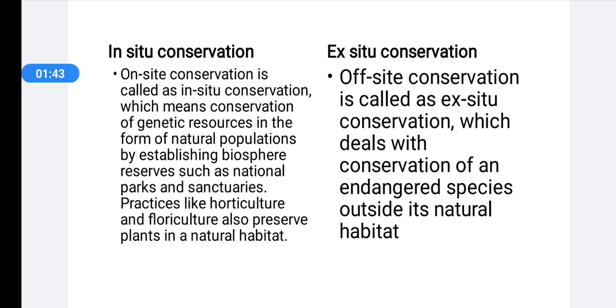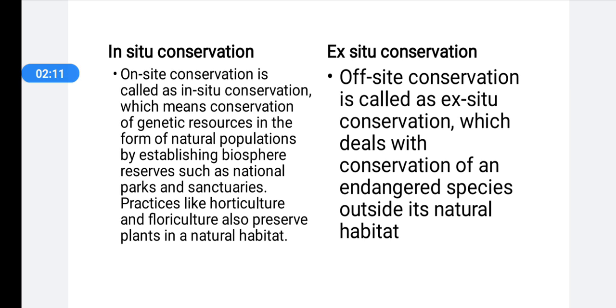As I told before, there are two types of conservation: in situ conservation and ex situ conservation. In situ conservation is on-site conservation, meaning conservation of the genetic resources in the form of natural populations by establishing biosphere reserves such as national parks, sanctuaries, etc. Practices like horticulture and floriculture also preserve plants in their natural habitat.